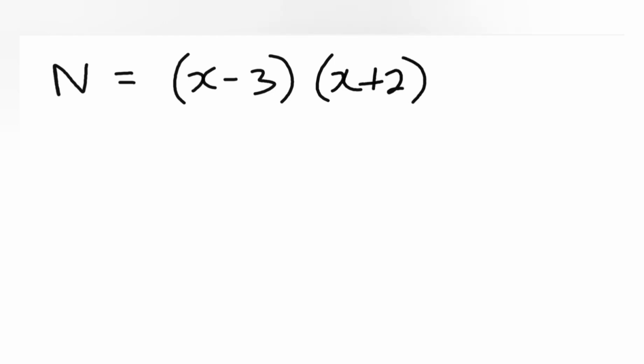It doesn't matter which one you write first, you'll get the same answer, but just be careful of the negative sign whenever you're multiplying. So for this one, again, we're going to use x to multiply x, and then we're going to use x to multiply 2. So let's do that first.